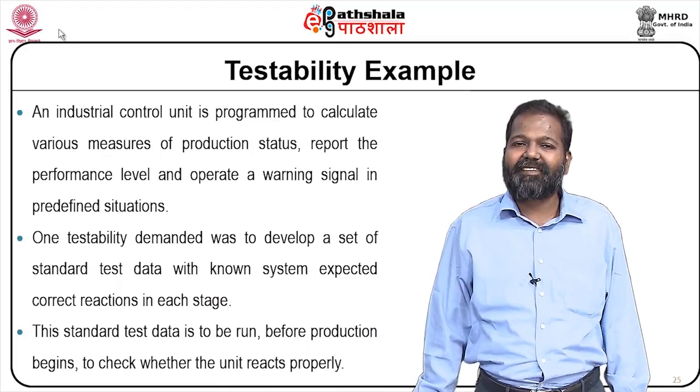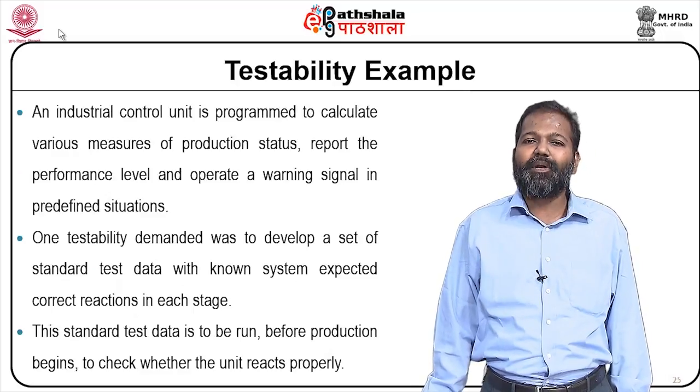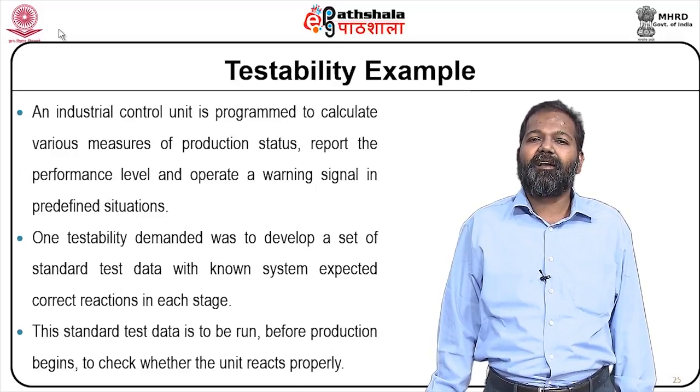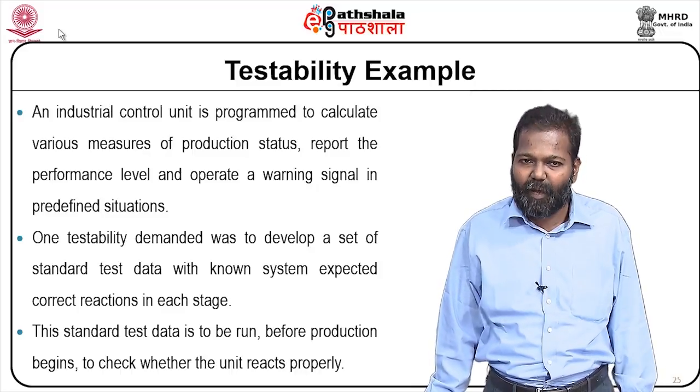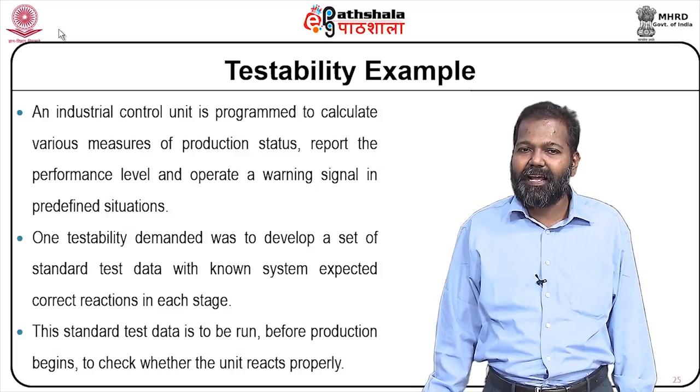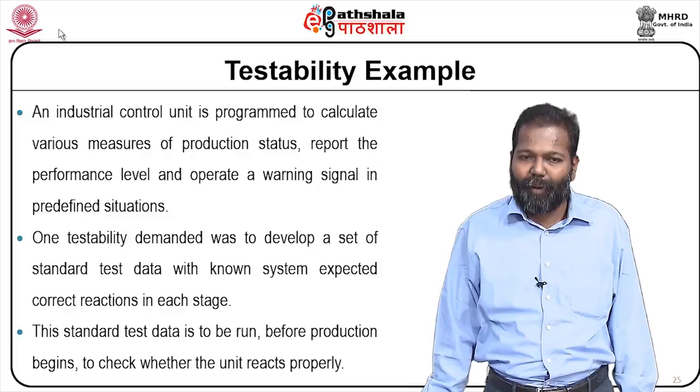Testability requirements for software operation include automatic diagnosis performed by the software system prior to starting the system, to find out whether all components of the software system are in working order, and to obtain a report about the detected failures. Testability example: an industrial control unit is programmed to calculate various measures of production status, report the performance level and operate a warning signal in predefined situations.